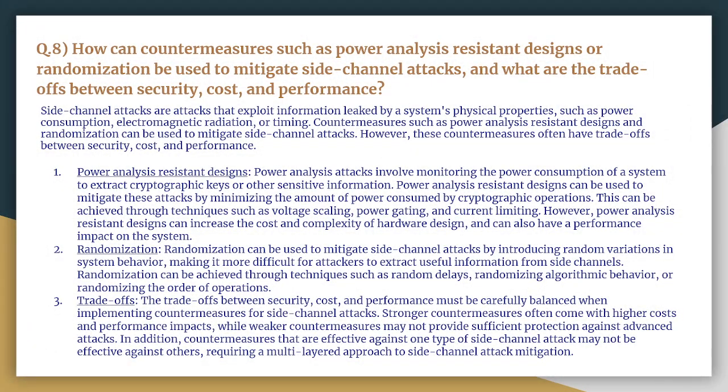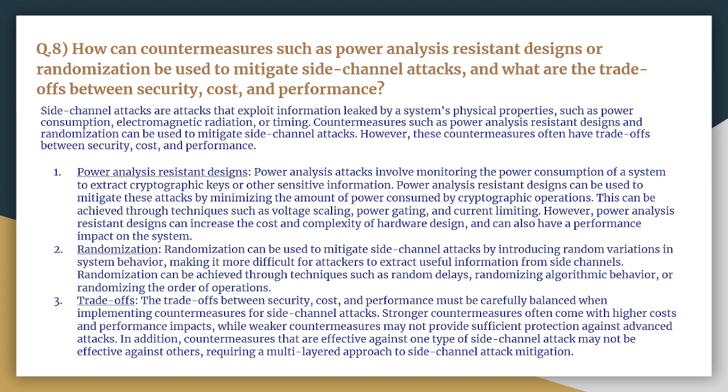How can countermeasures such as power analysis resistant designs or randomization be used to mitigate side channel attacks, and what are the trade-offs between security, cost, and performance? Side channel attacks are attacks that exploit information leaked by a system's physical properties such as power consumption, electromagnetic radiation, or timing.